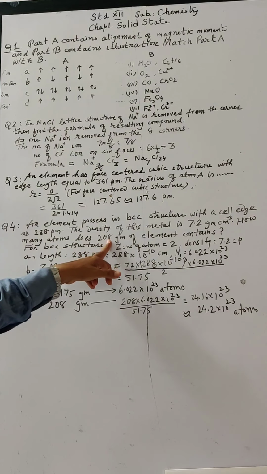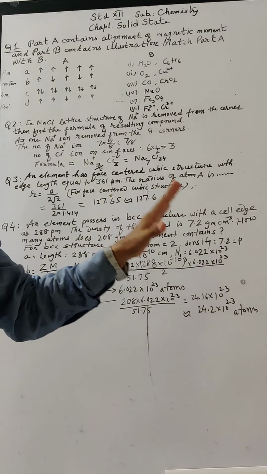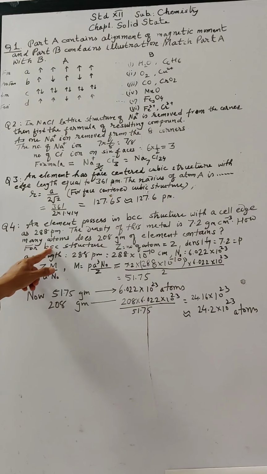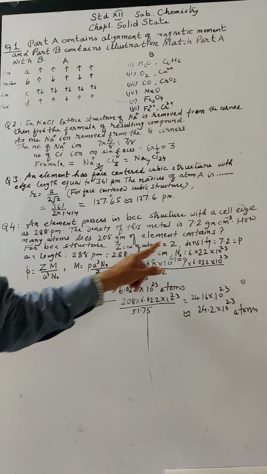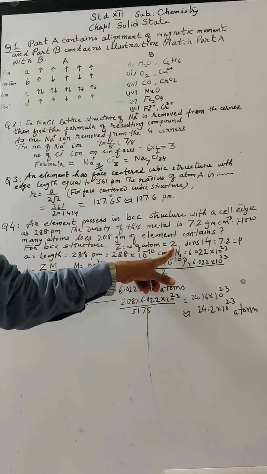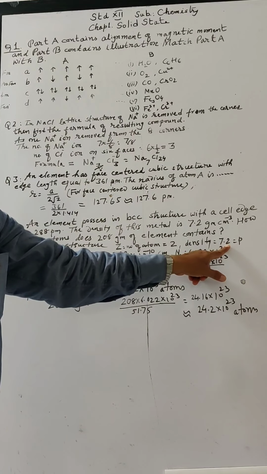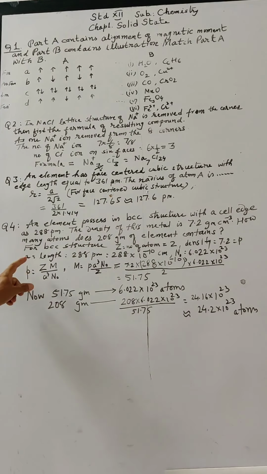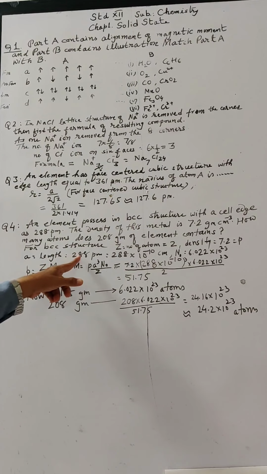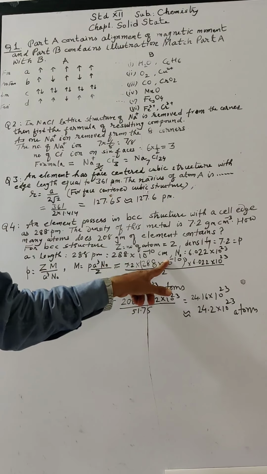Here 208 gram is molecular mass. So we have to find molecular mass M. For body-centered cubic structure, Z equals 2, means the number of atoms is equal to 2, and density, which is given here as 7.2, is indicated as rho. Density rho means 7.2, and edge length a equals 288 pm, which is 288 into 10 raised to minus 10 centimeter.